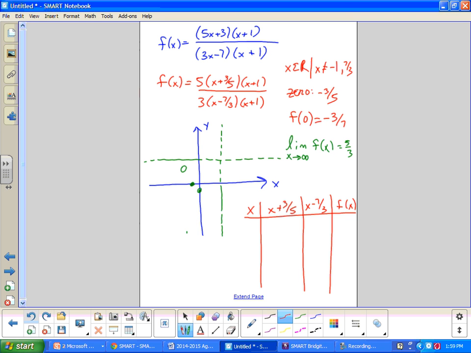I don't need to include x plus 1 in my sign table, because they cancel, and the sign will be the same. Two positive are positive, two negative are positive. My points are -1 and 7/3. -1 is an asymptote, so it's undefined. 7/3 is my 0. Here we go.